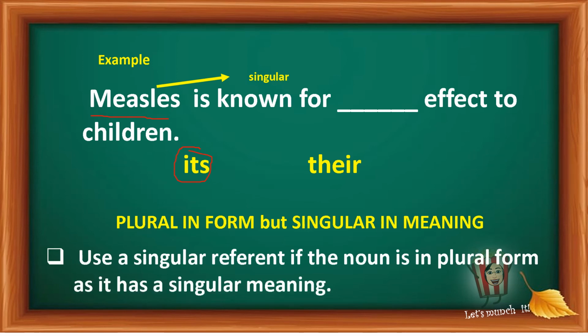Use a singular referent if the noun is in plural form but has a singular meaning. Other examples of nouns in plural form but singular in meaning are news, shingles, rickets, mumps, physics, and others. However, there are also nouns in plural form and plural in meaning, so we just need to take note of that.